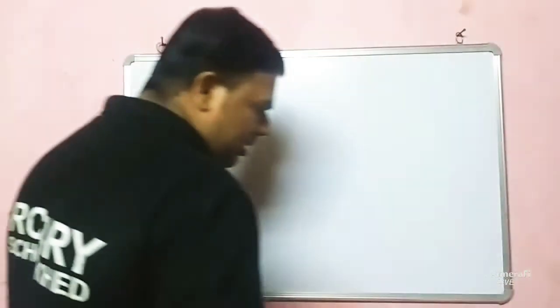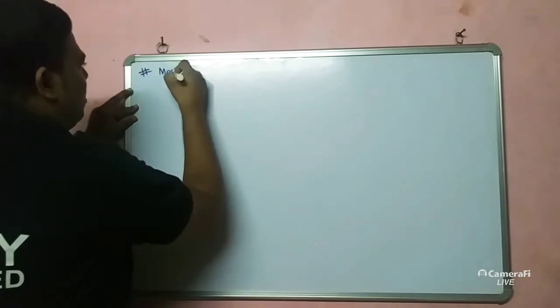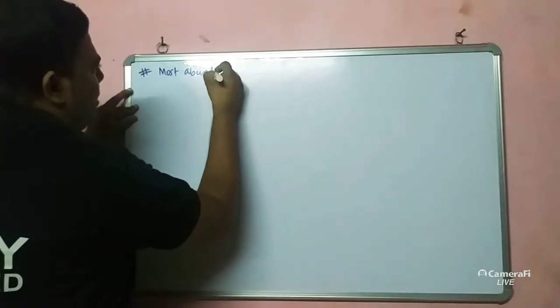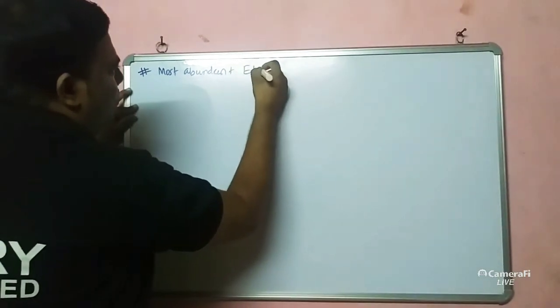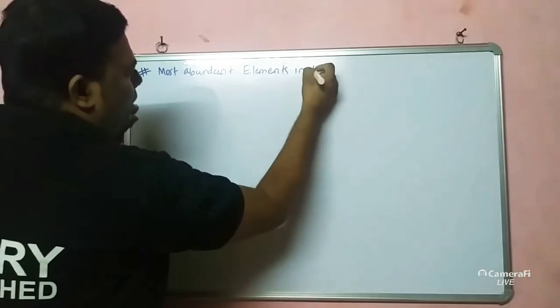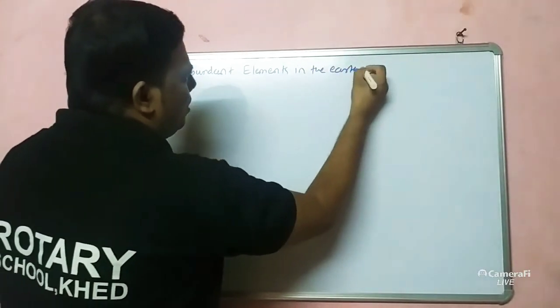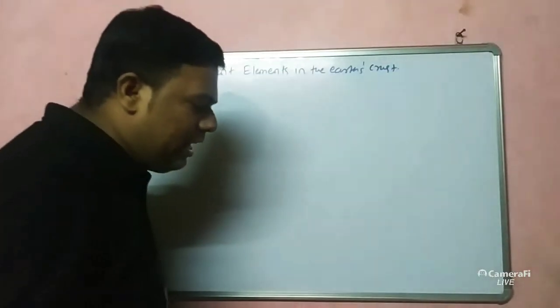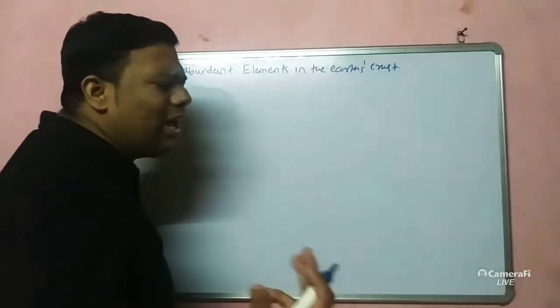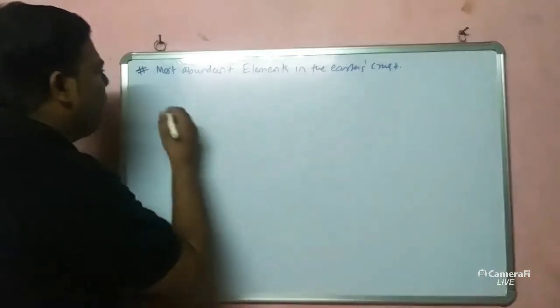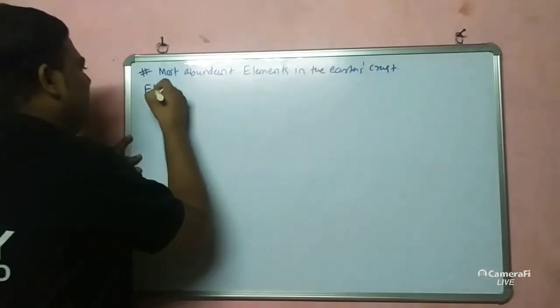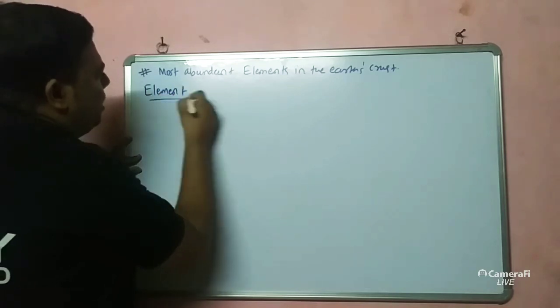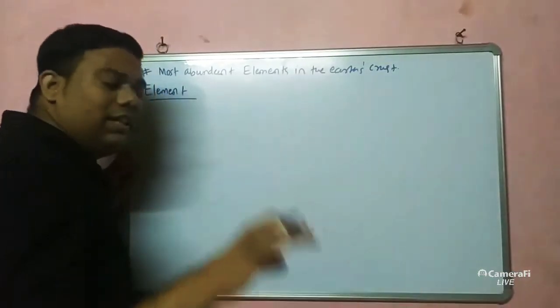Most abundant elements in the earth crust. So here we have to note the element, its atomic number, and the percentage by weight in the earth crust.